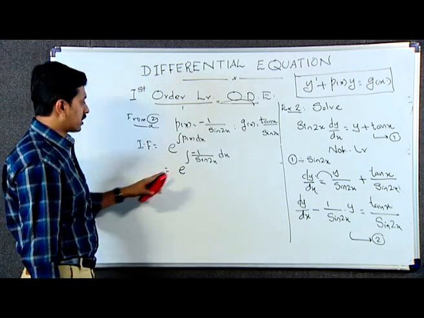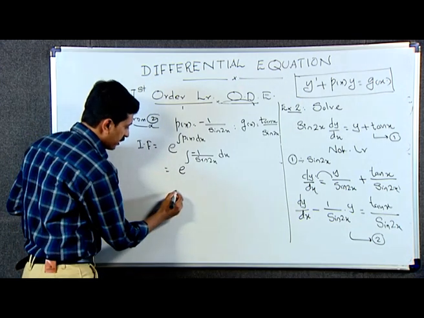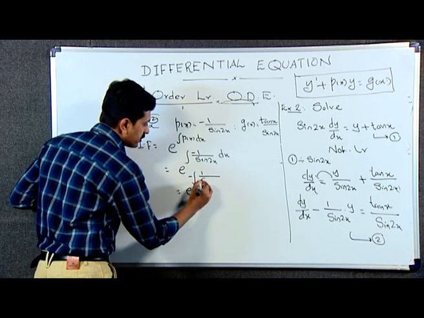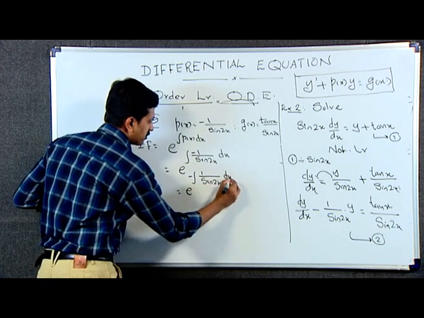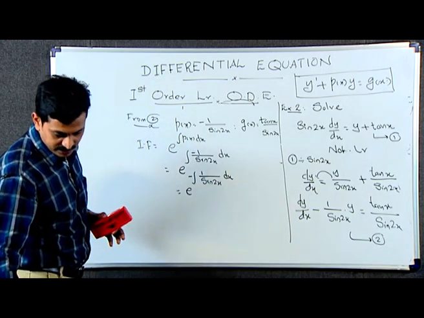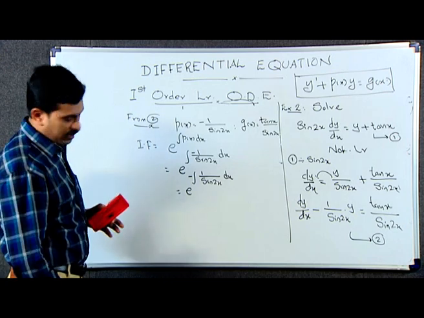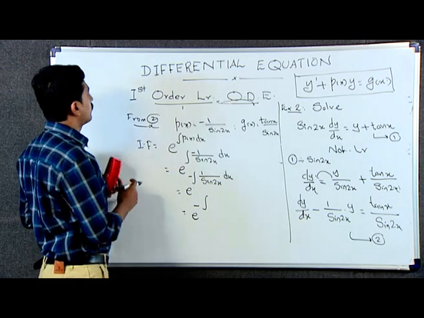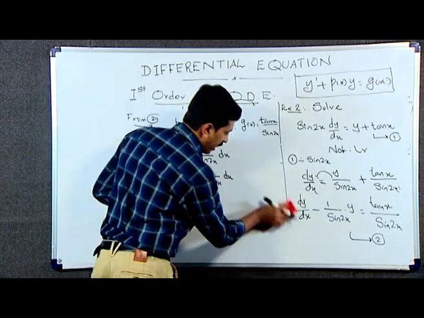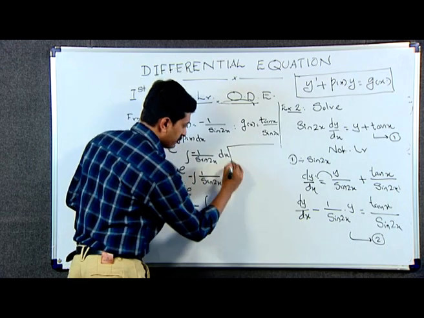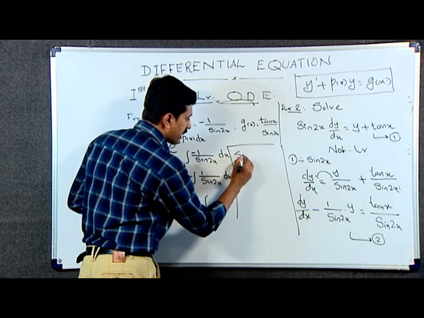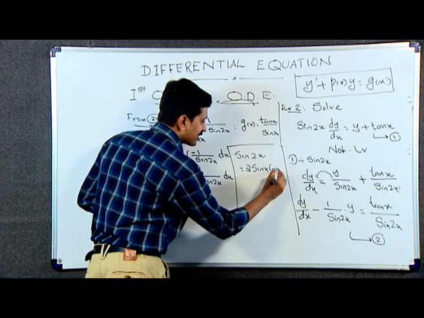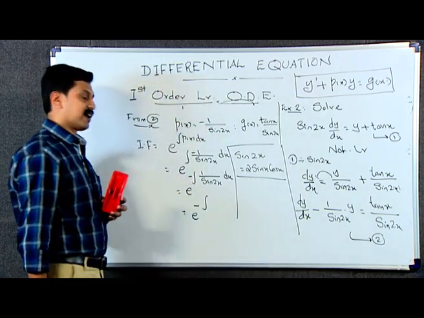This is equal to e raised to minus integral of 1 by sin 2x dx. We have a formula for sin 2x: sin 2x is equal to 2 sin x cos x.